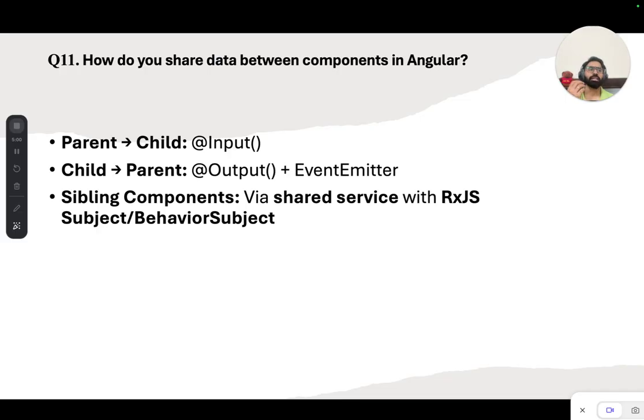Another way, again from child to parent, is to use the @ViewChild decorator. And there are more ways where you can share the data. These are some basic ways by which you can share data between components in Angular.